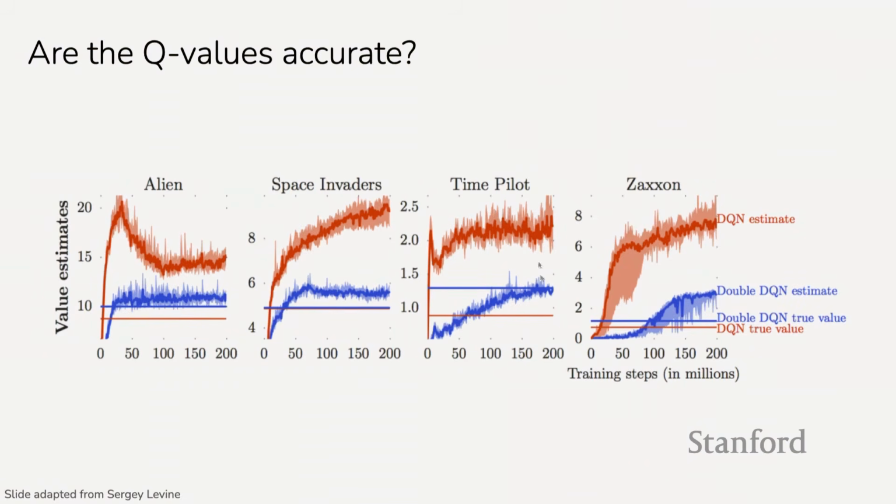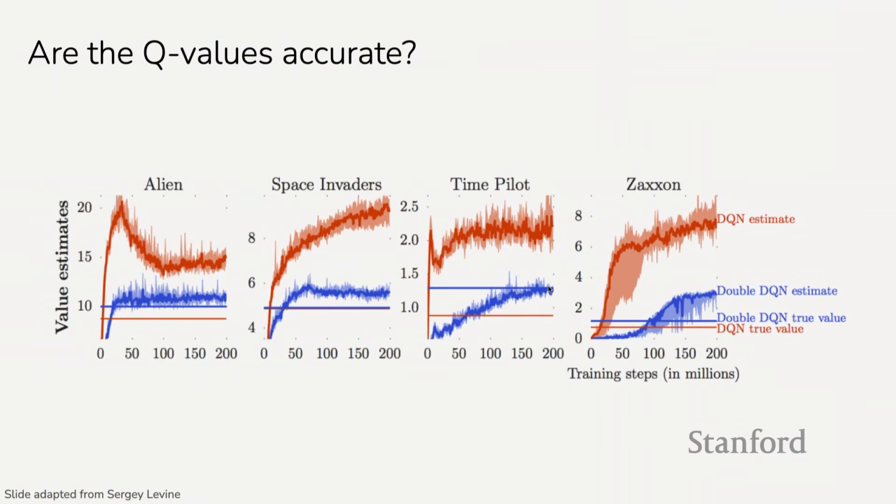So it seems like we're seeing what's called overestimation, where our Q function is overestimating how good our policy is. There's an algorithm called double DQN that's able to get a much more accurate Q function, and overestimates far, far less than DQN.